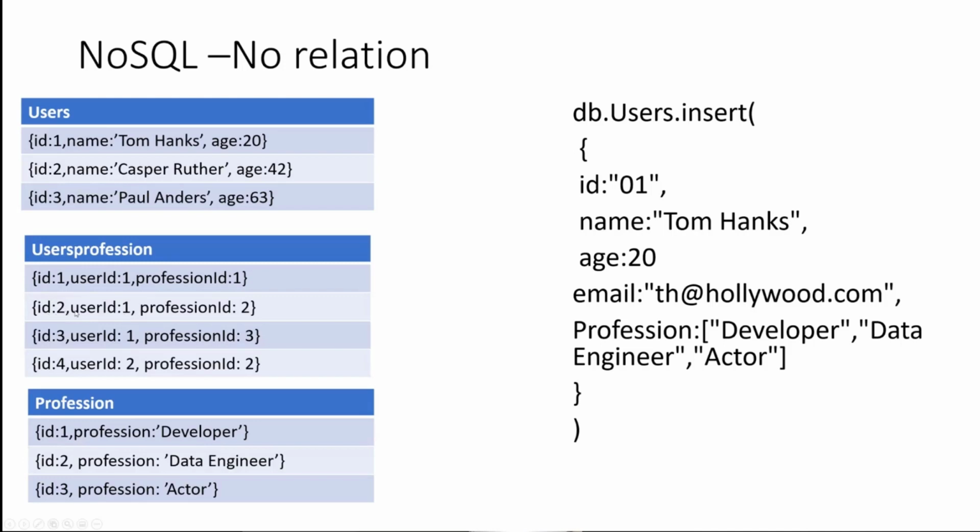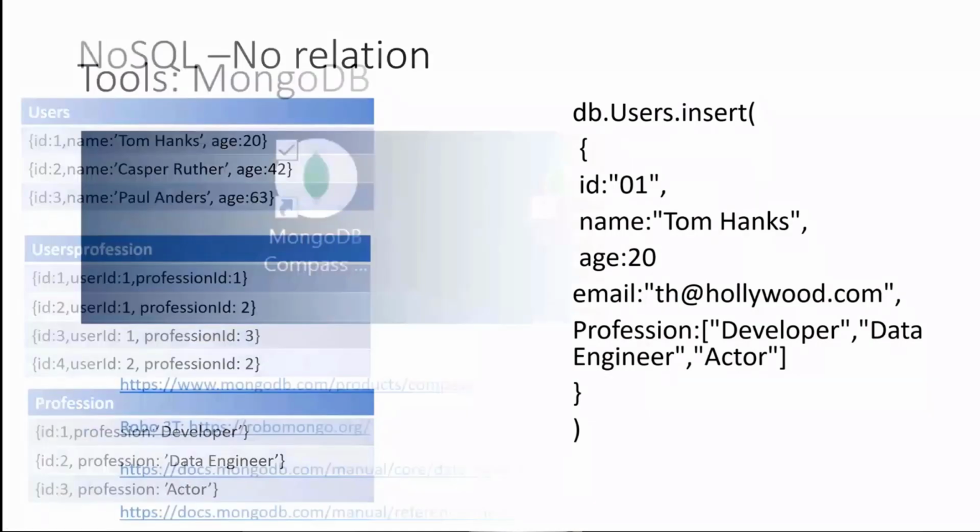And in the second record, Tom Hanks is professionally also a data engineer. If NoSQL had a relationship similar to SQL, you would have to build it like this. But look at the right side: you don't have to build those kinds of relationships in NoSQL. It's ID, name, age, whatever you have, and then you could have the profession embedded inside the main collection. That's called embedded. You don't need to have the relationship in NoSQL.